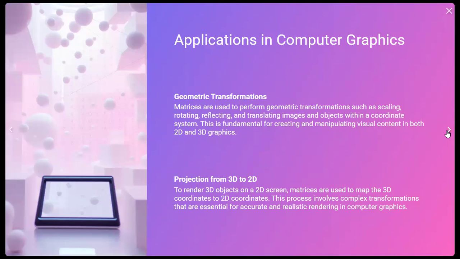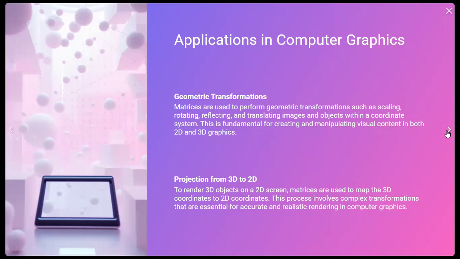The characters you move are just puppets controlled by matrices. Matrices are used to perform geometric transformations such as scaling, rotating, reflecting, and translating images and objects within a coordinate system. This is fundamental for creating and manipulating visual content in both 2D and 3D graphics.